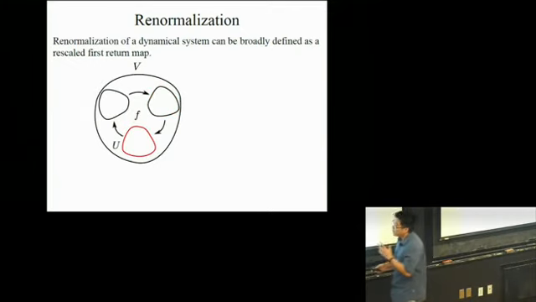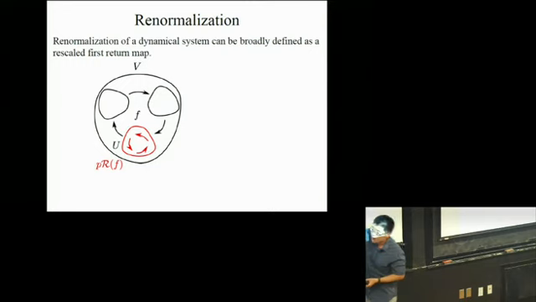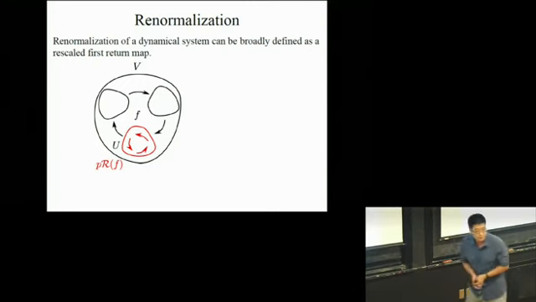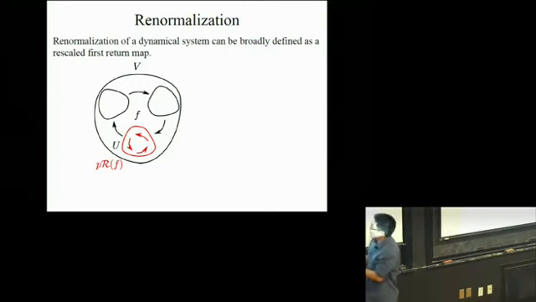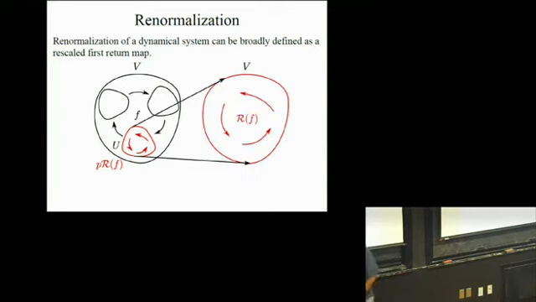And then there's the micro dynamics, which is the interior motion within the smaller subset as it moves around in the bigger space. Right? So when you rescale the smaller subset to the same scale as the original space, what you do is you zoom in on this part of the dynamics, right? And you ignore the macro scale dynamics, and you just zoom in on the micro scale dynamics. That's a vague, hand-wavy description of what renormalization does, right?